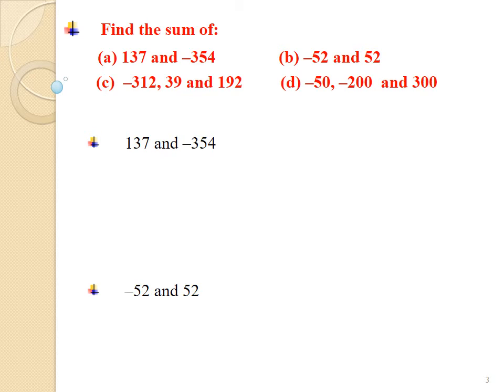And if the integers have different sign, then we have to subtract as a whole number from bigger to smaller irrespective of side, and the answer we get with greater absolute value.